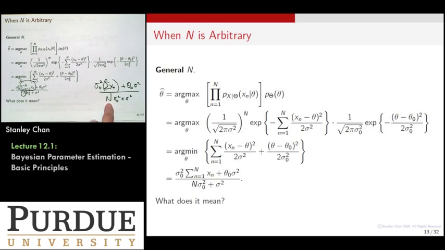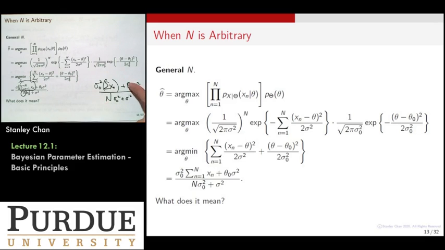As n goes to infinity, as you have more and more samples, who will dominate in this equation? This is a constant, and of course the summation will dominate eventually because you have a lot of samples. This number will become big, and so this n will become big.